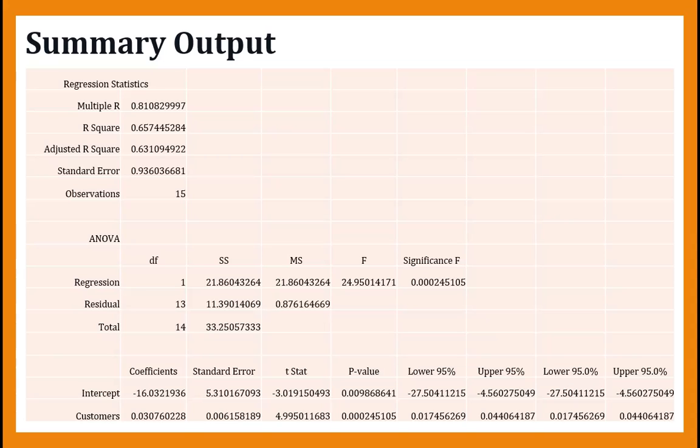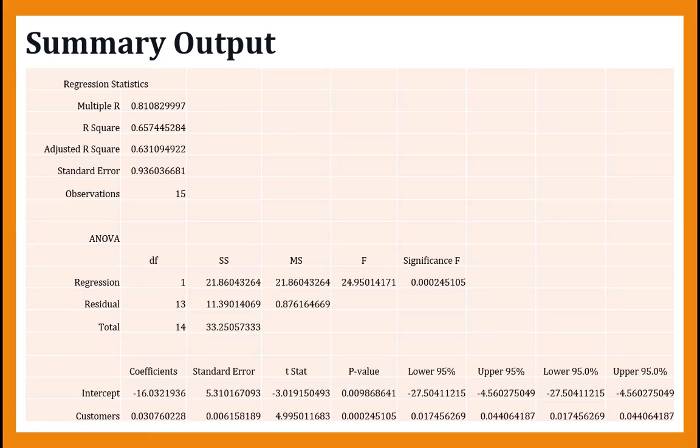In addition, the y-intercept B0 is 16.032, and the slope B1 is 0.03076, which can be rounded as 0.0308.